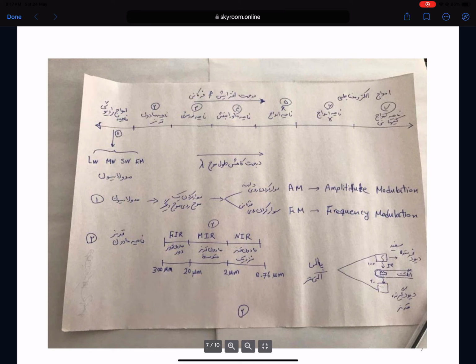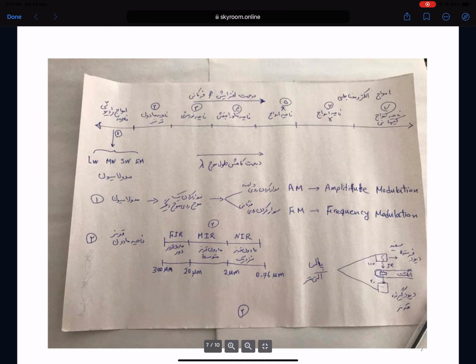For example, the liver produces a specific wavelength, for example, 0.5 micrometer of infrared, and the bladder produces or emits another wavelength of infrared. If you have a very sensitive infrared camera, you can measure all these wavelengths coming out from your body. So probably you can use infrared as an imaging tool.